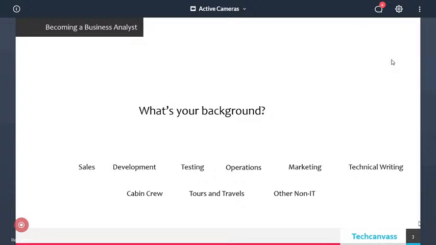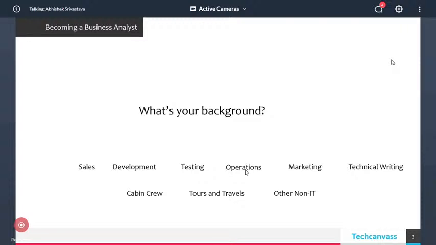Okay, so there are people from testing, development, non-IT, sales, network support, implementation, operations, travel, and sales and marketing. Fair enough. Typically, people who are interested, and who should be interested, in becoming a business analyst can come from any background.